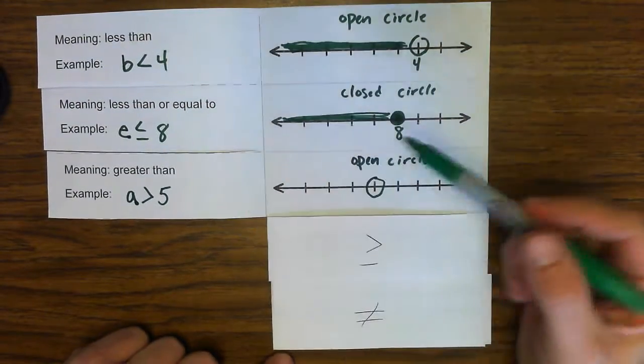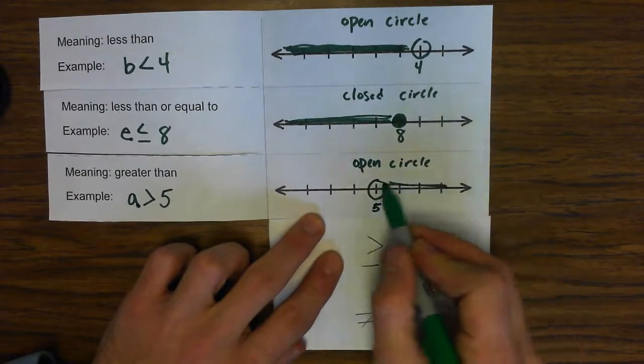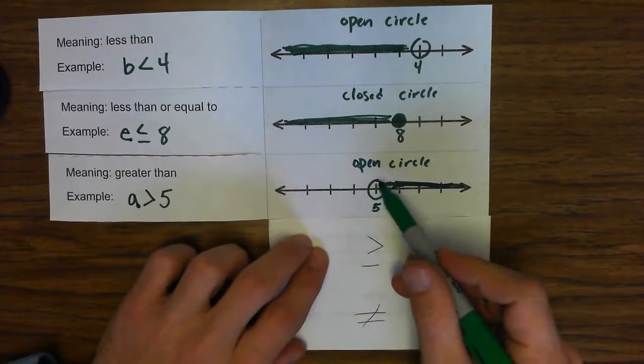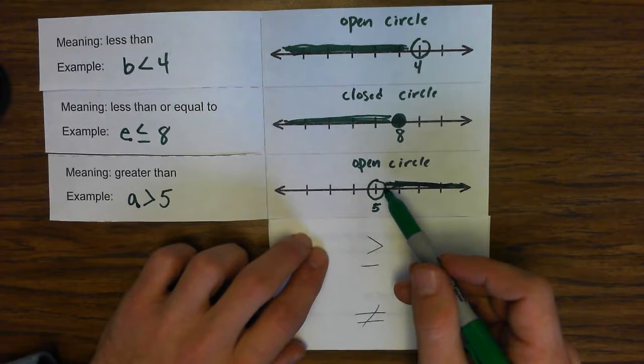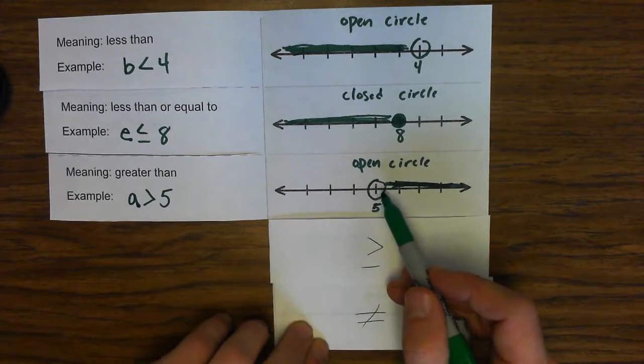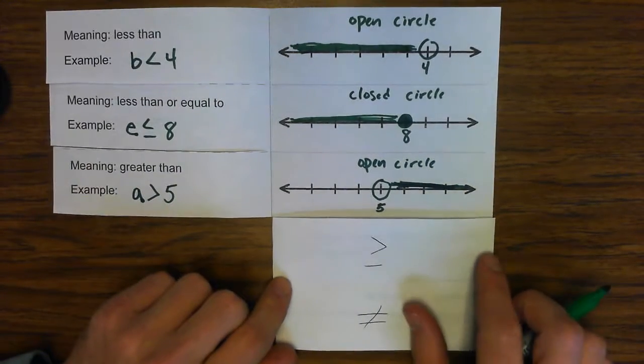Greater than, you'll have an open circle again, except this time you'll shade to the right of the 5. Again, it's an open circle because the answer does not include the 5. The answer will be greater than 5. So we don't color in 5 because we don't include it in our answer. So that's what the graph for greater than looks like.